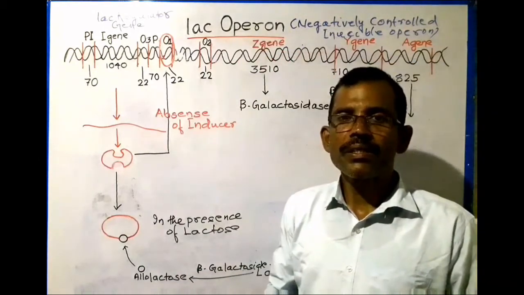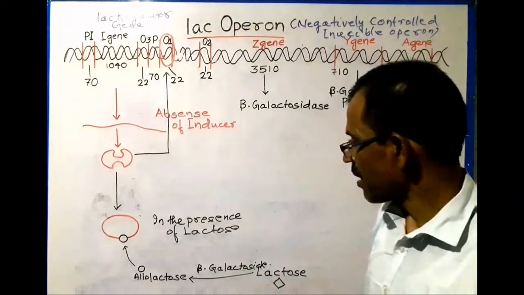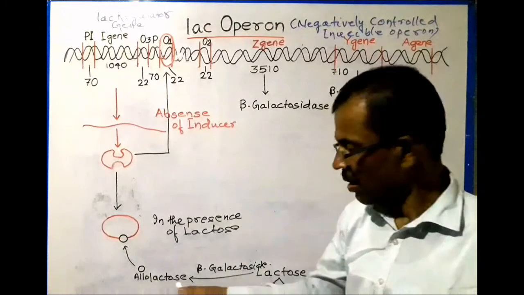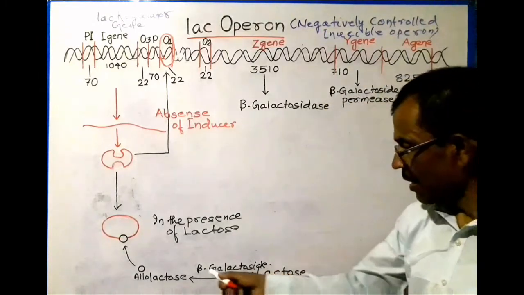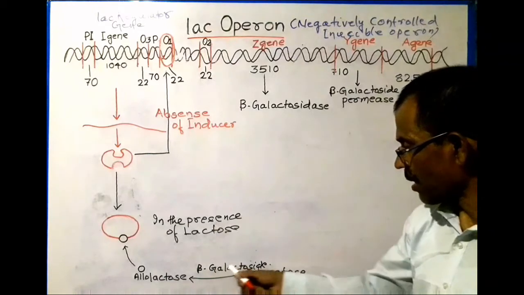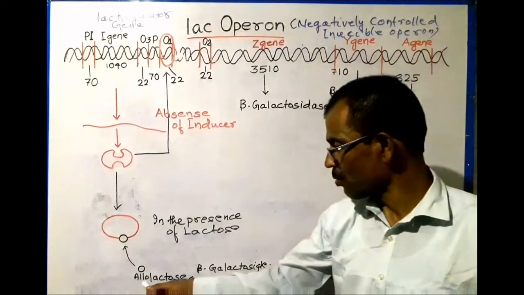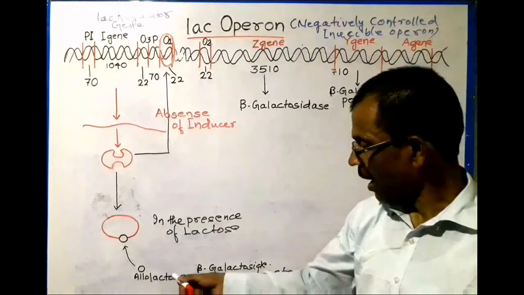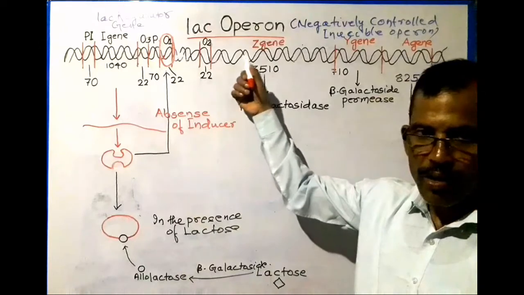But in the presence of lactose, the lactose is converted into allolactose in the presence of enzyme beta-galactosidase. The allolactose is the actual inducer of this LAC operon.